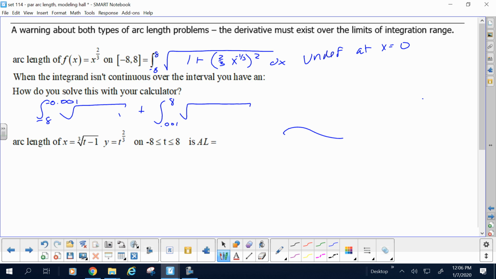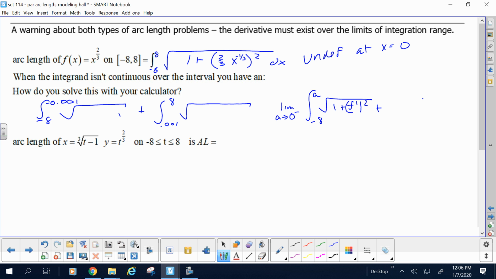Limit. The limit, yeah. You actually would say something like, the correct way to do this, though we will do this later, is to say, as some arbitrary number a approaches 0 from the left, of the integral from -8 to a of 1 plus f prime squared.